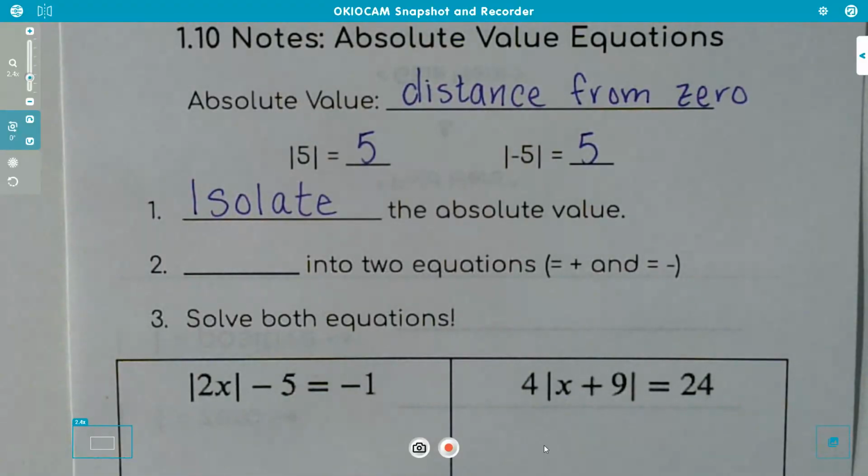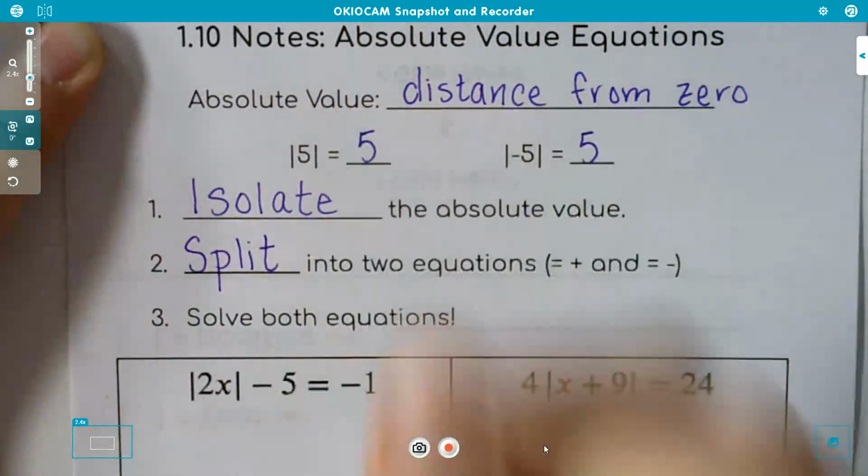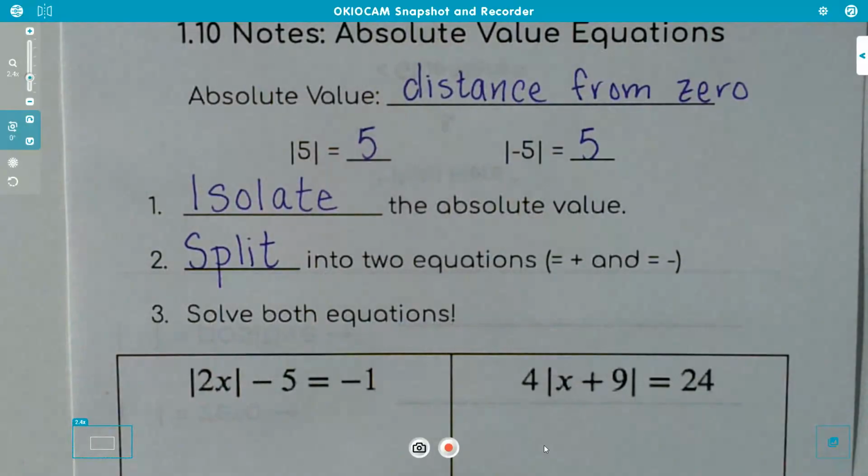After we isolate the absolute value, we are going to split into two equations, because there is a chance that the absolute value was doing nothing. That what was inside was already positive, and distance is already positive. There was also a chance that the absolute value was doing its job and making that positive.